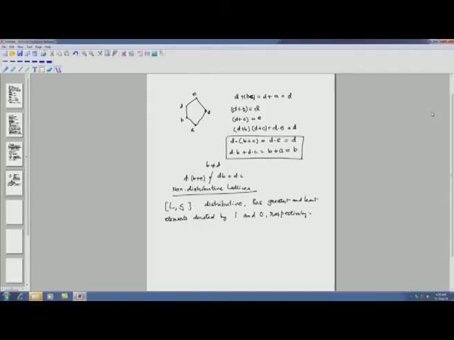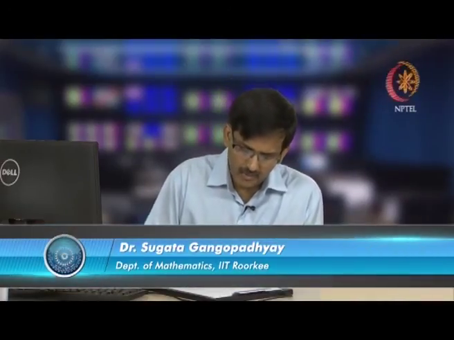We are considering this, and we define a unary operation on it which is called complement.